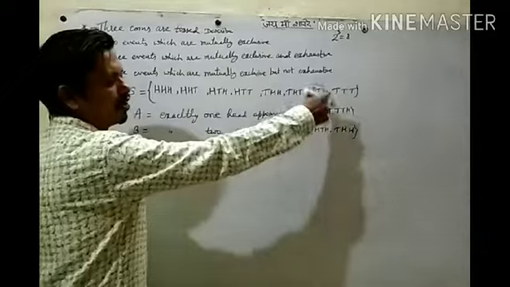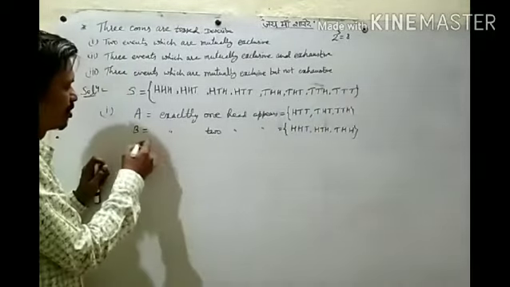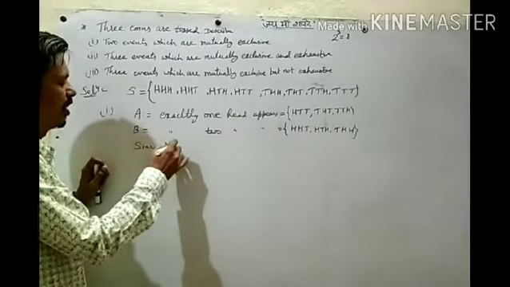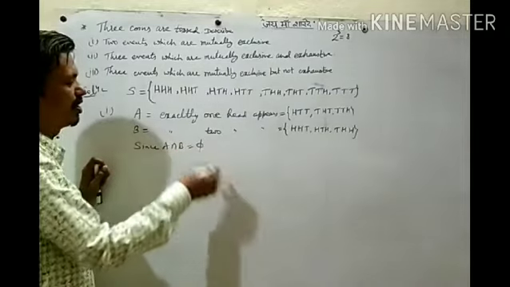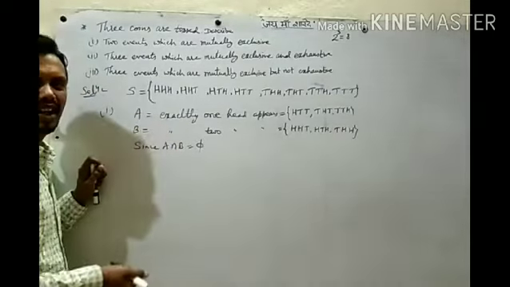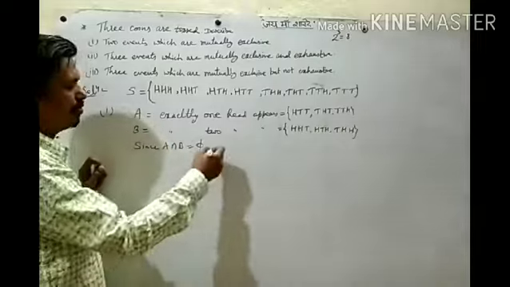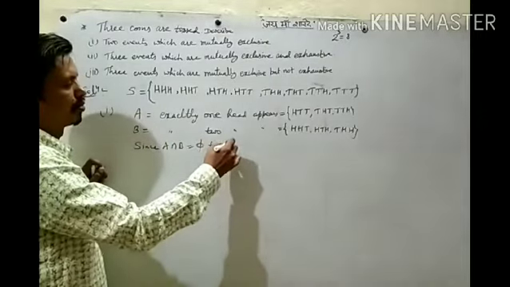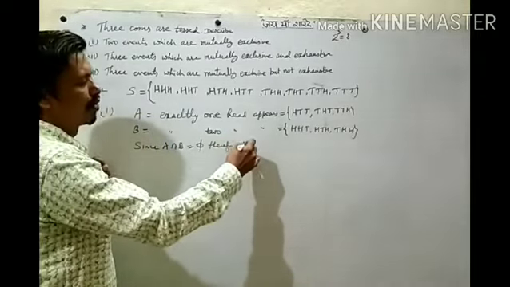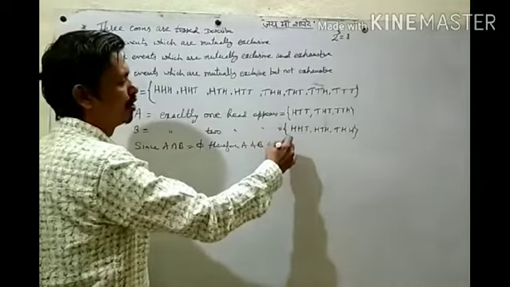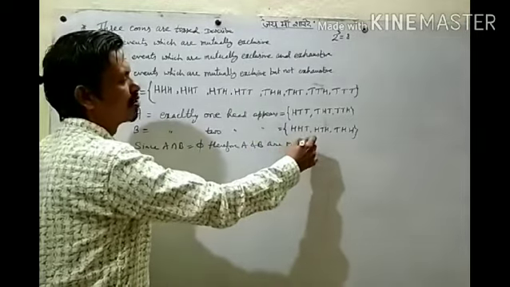Now what is common? Nothing. So since A intersection B is the null set, A and B are mutually exclusive events.